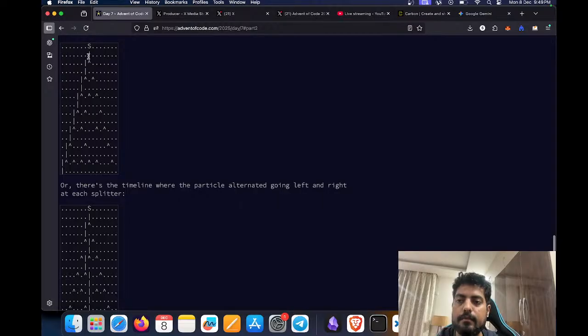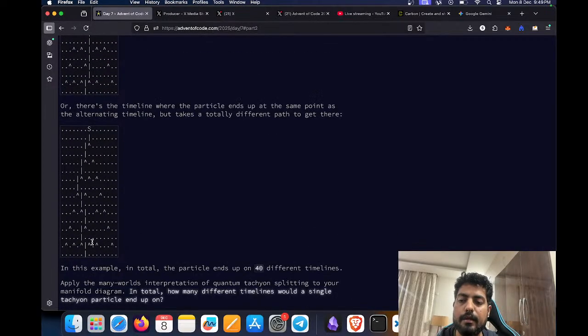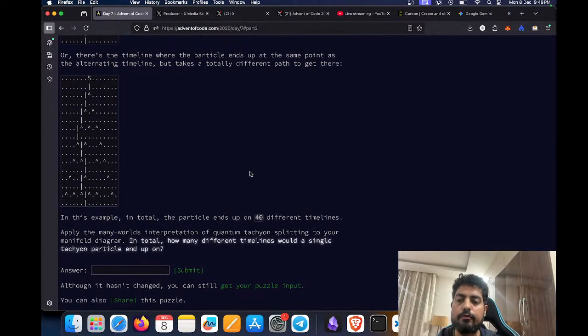Like if the ray goes on the extreme left or on the extreme right or somewhere through a path in the middle. So we just need to account for all the possibilities here.